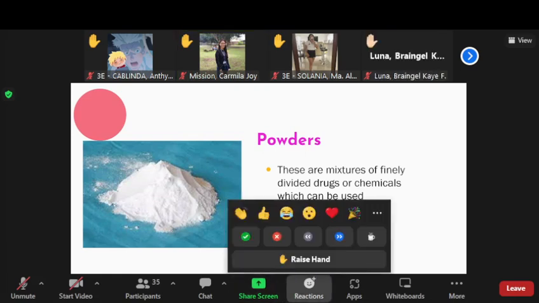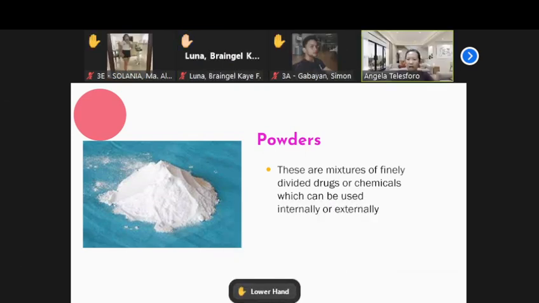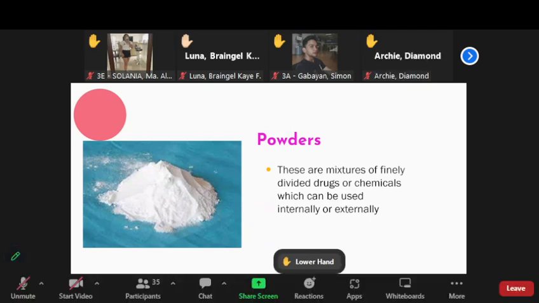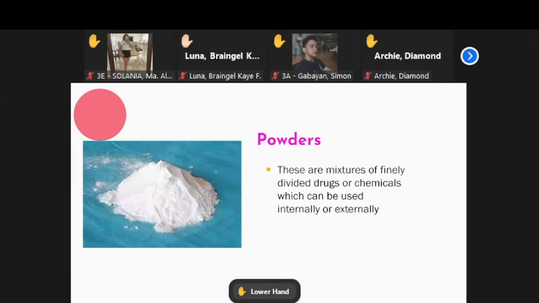Powders only. Those electrolytes, ma'am, that you need to mix with water. Give me a specific name. Salts po, ma'am. You don't know any names of powder medicines? Electrolyte powder, ma'am.